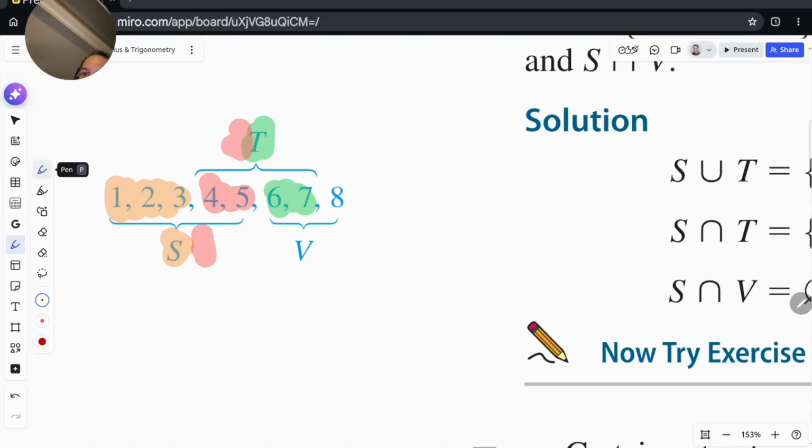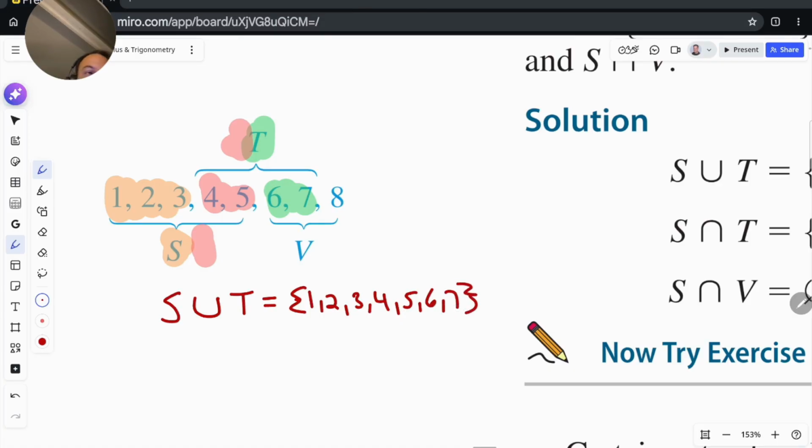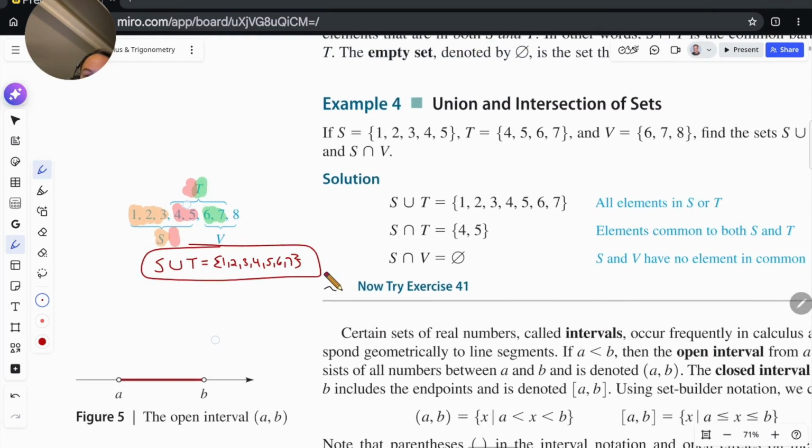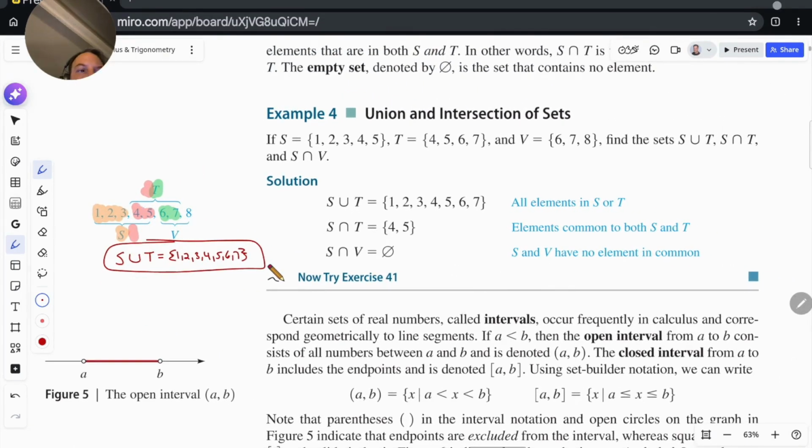So let's write that out. Now the brace looks like a little bird there, right? And there's our answer for A.